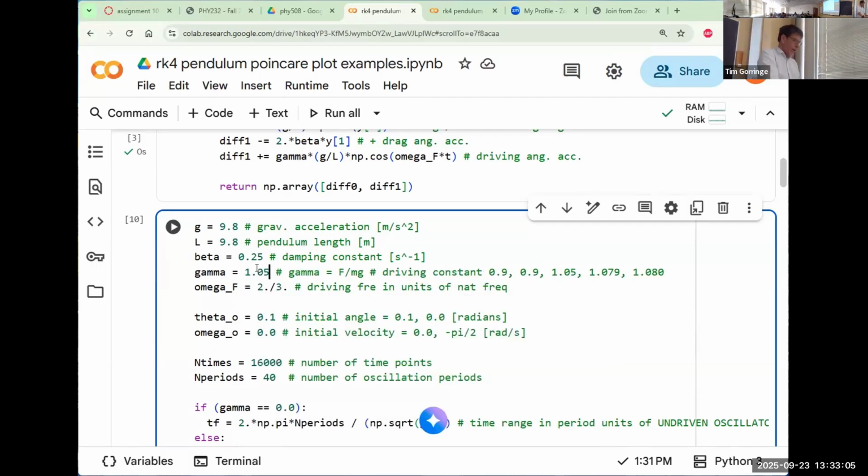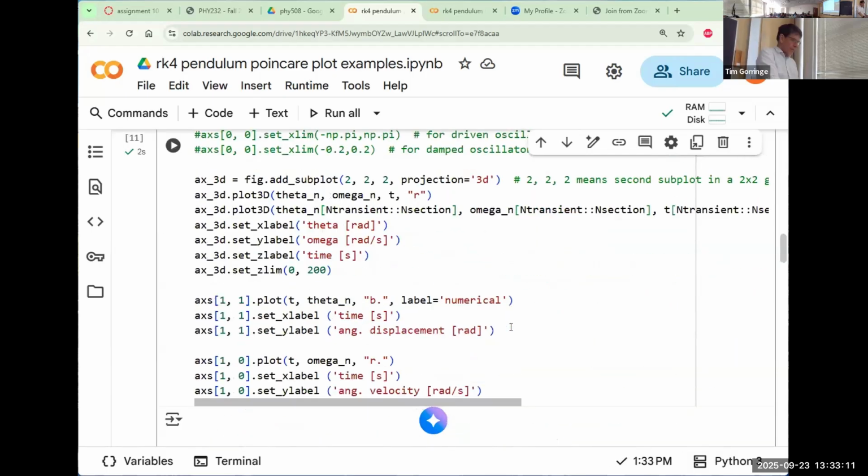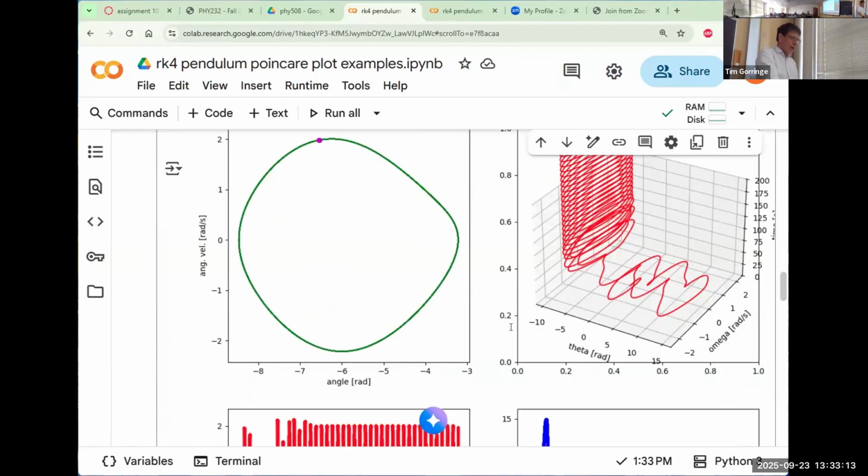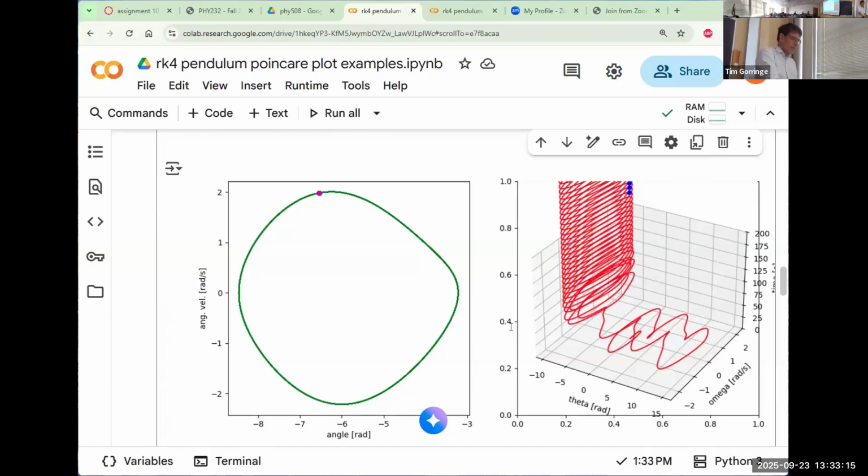1.05. What happens there? Looks pretty similar on the left-hand plot. Looks significantly different on the right-hand plot.